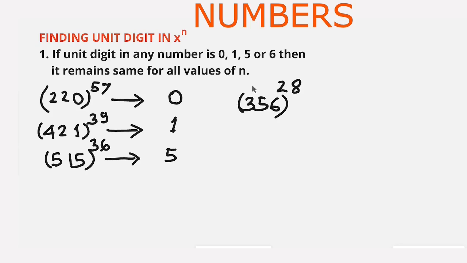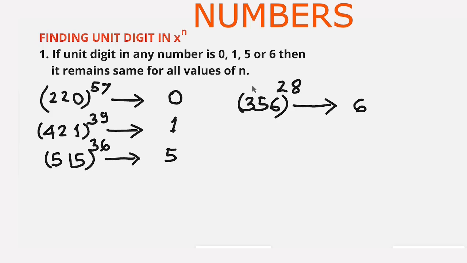Whatever the power, whether it's 28 or any power, 356 when expanded with that power will give the ones place 6.